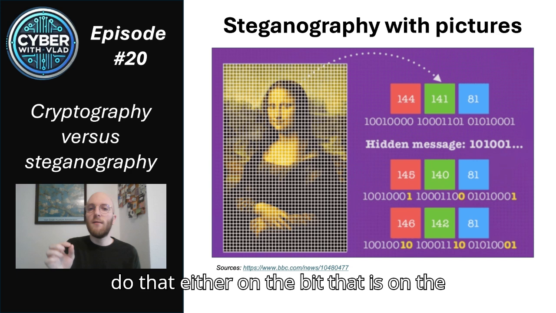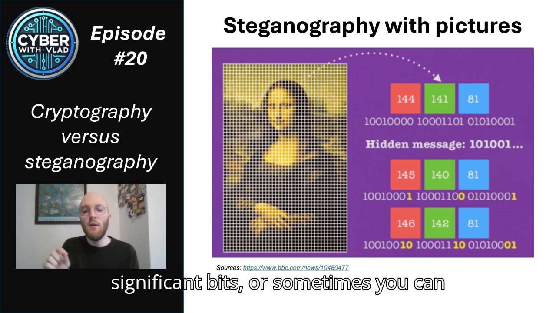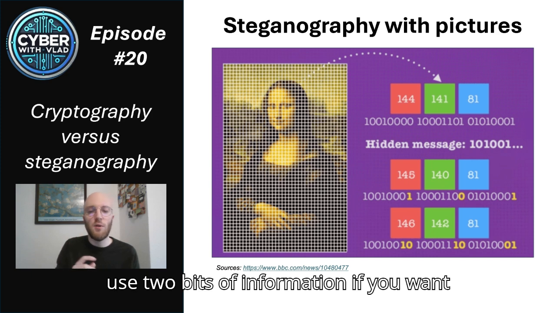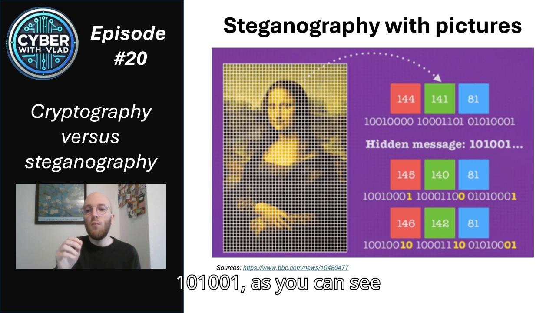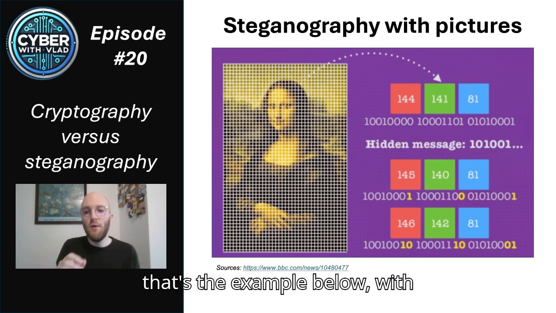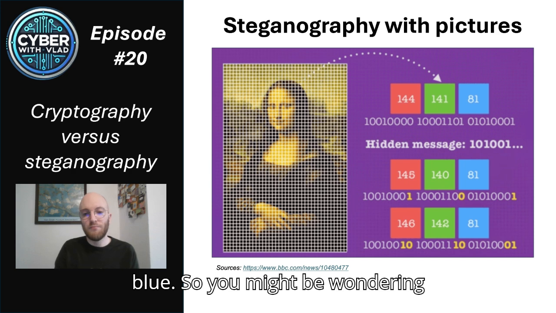You can do that on the bit that is on the far right, the least significant bit, or sometimes you can use 2 bits if you want to go faster. So in this case, the hidden message would be 101001, as you can see in the example below with 146 red, 142 green, and 81 blue.